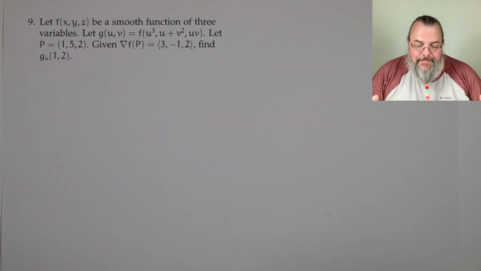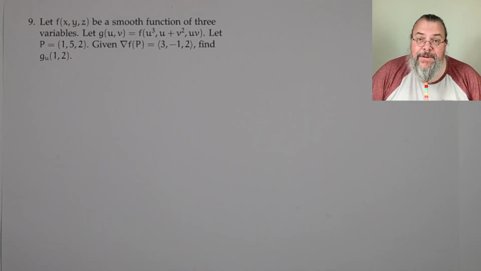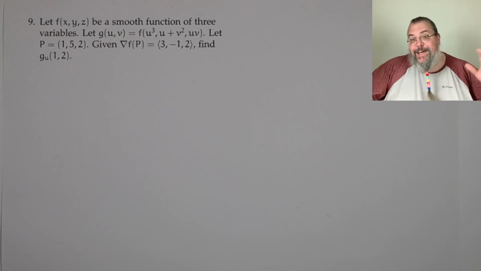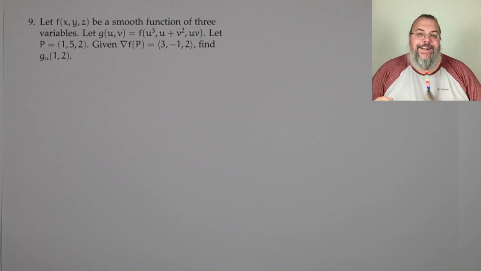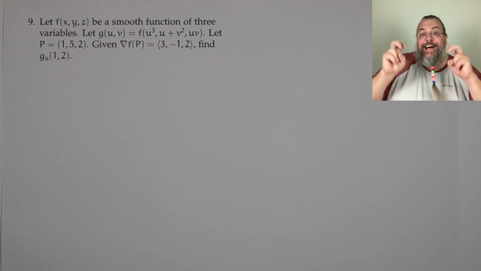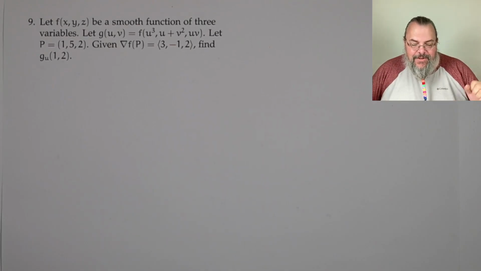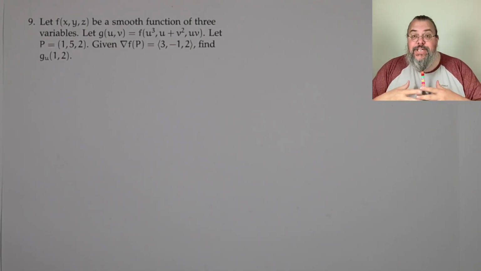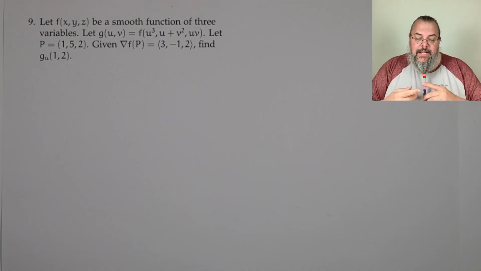Number 9. Let f of x, y, z be a smooth function of 3 variables. Smooth is just another way of saying we can take derivatives. All right? So, good. We can take our derivatives. Let g of u, v equal f of u cubed, u plus v squared, uv.